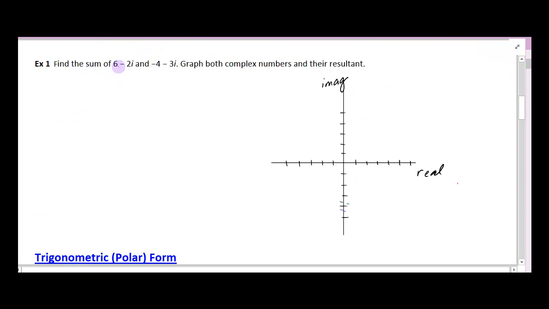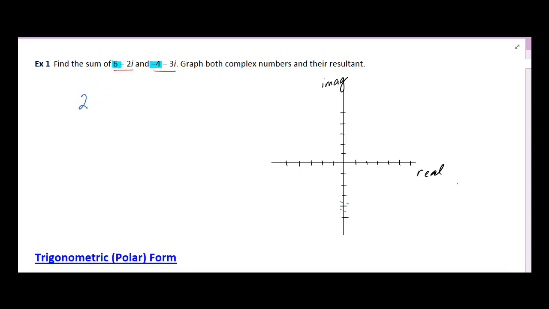I want to find the sum of these two complex numbers here, graph them, and then also graph the result. So remember that when I am actually adding two complex numbers, I'm first going to add both of their real parts. In other words, 6 plus -4 gives me a positive 2. Then I'm going to go back and add their imaginary parts.